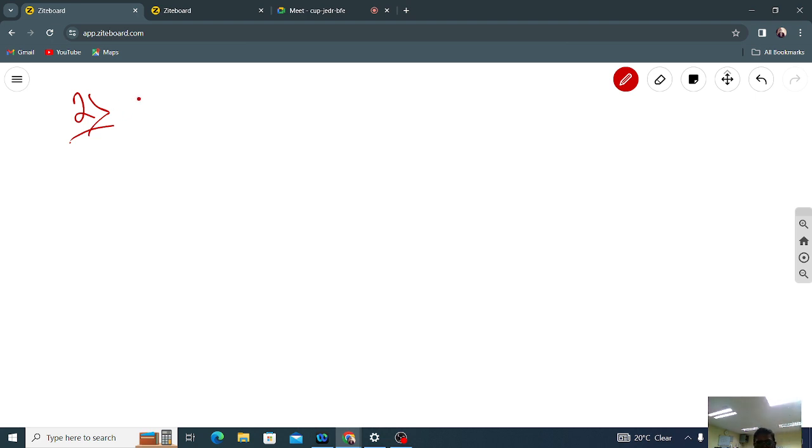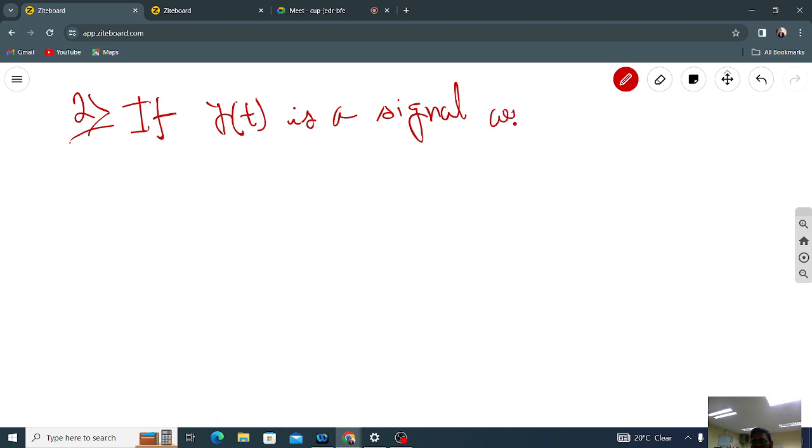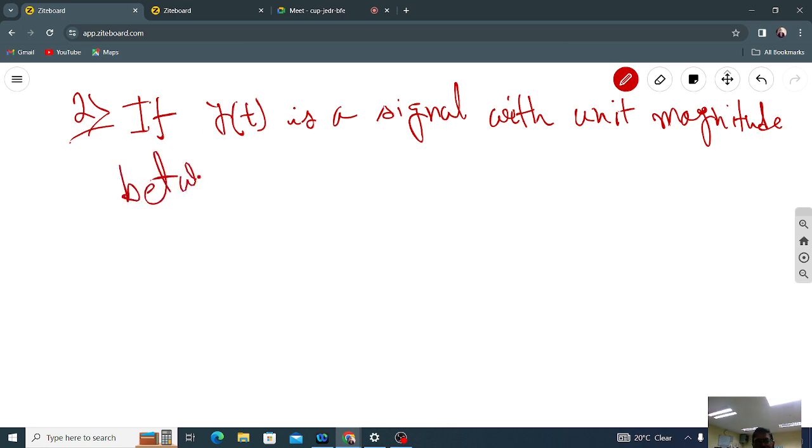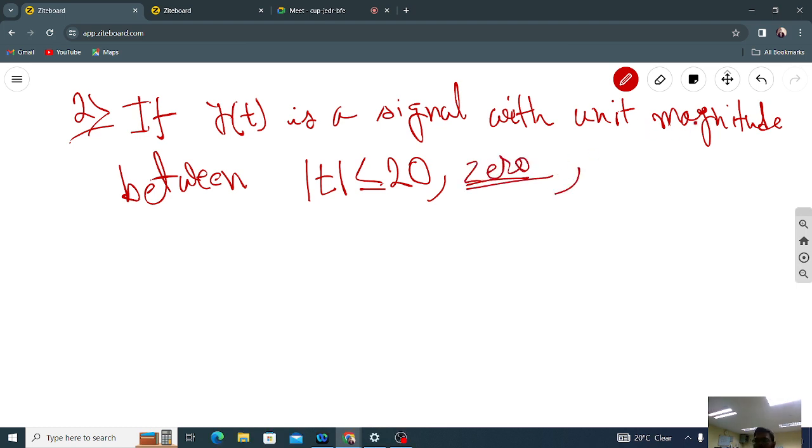Okay, the next question is, if y of t is a signal with unit magnitude between a particular time interval, and obviously it is 0 outside this interval, then we have to calculate what is the value of y of t by 2.